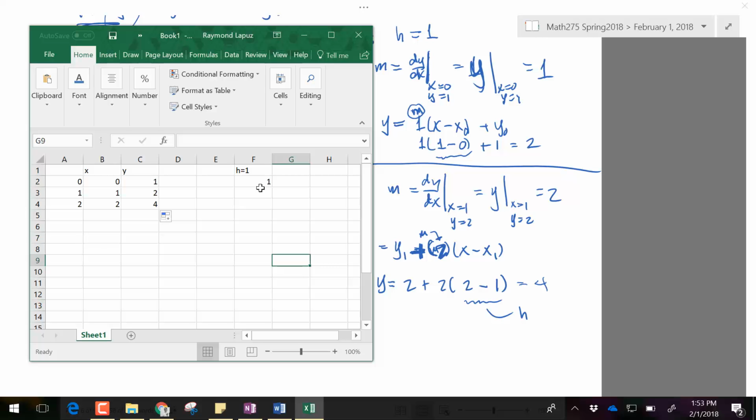Now let's make smaller steps. So we have our step 0. Let's make our steps 1/2. And so our x is going to go from 0, and then we're going to add 0.5 to that.